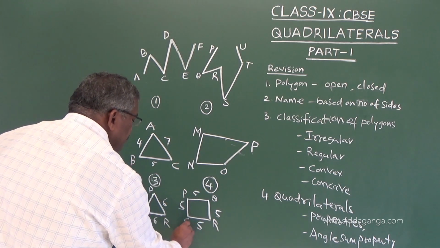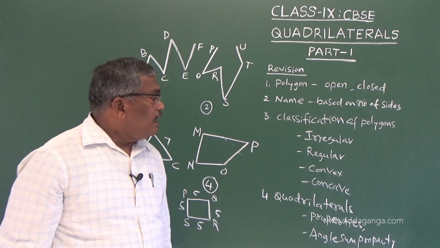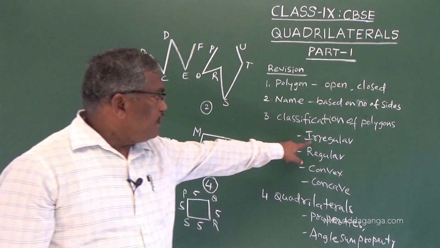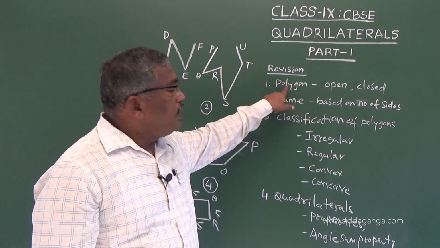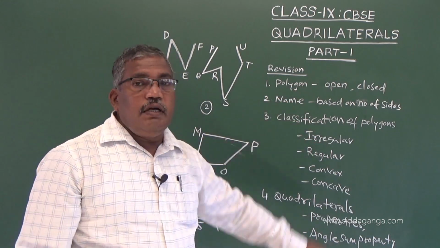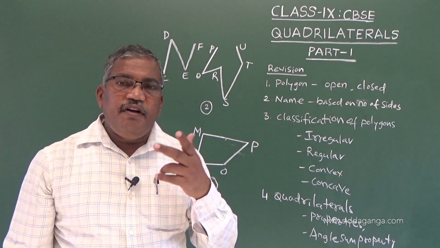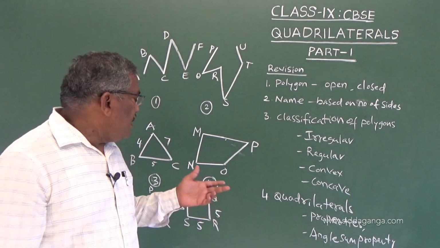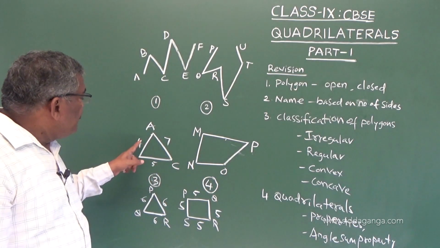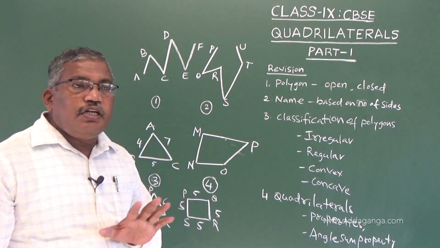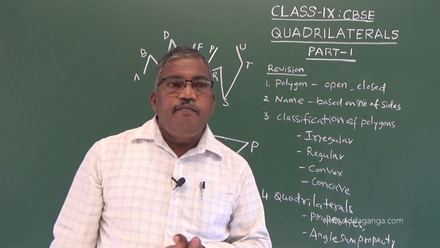See, the difference here is an irregular polygon is one which has all sides of different length and all angles will be different. When the sides are different, the angles will also be different. So you have studied that in inequality.